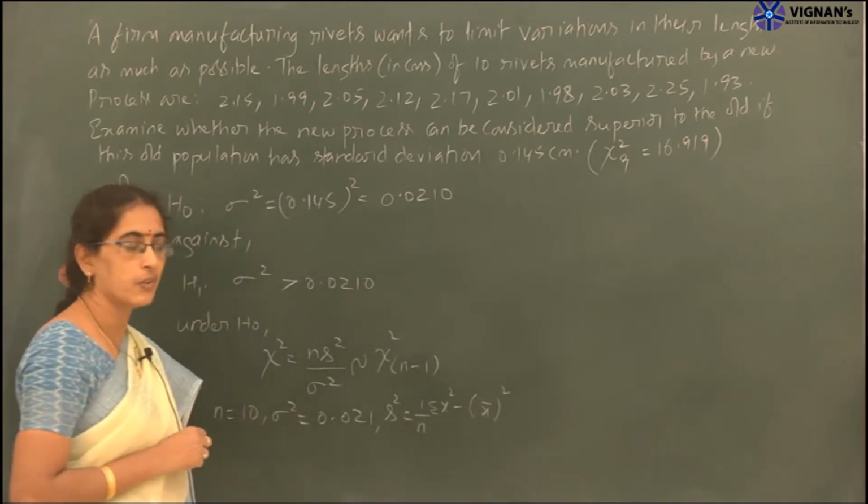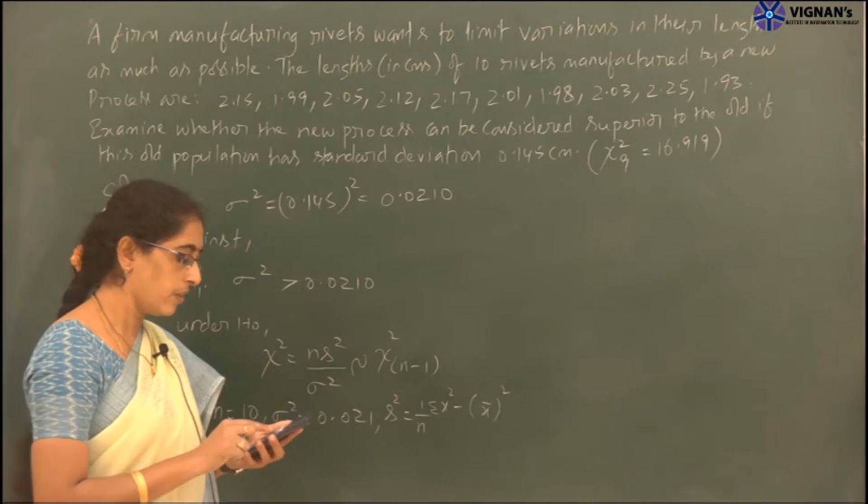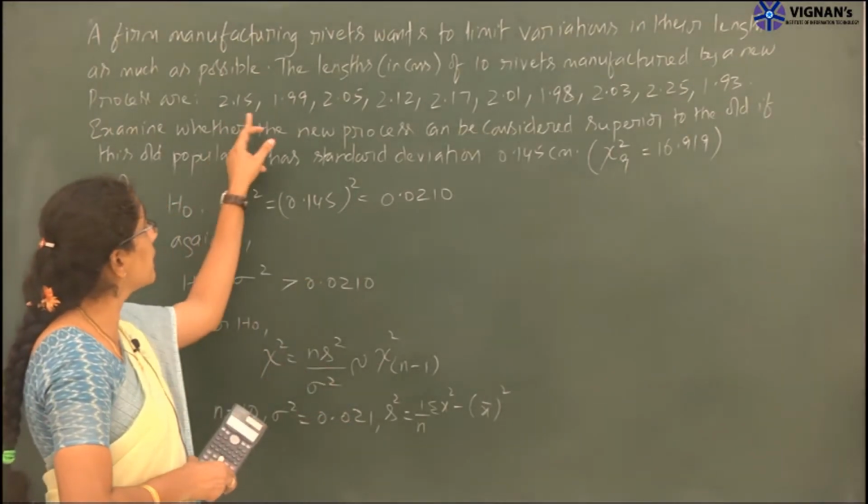Now we have to use the calculator for obtaining this small s square. Go to the regression linear mode and one by one read these observations.